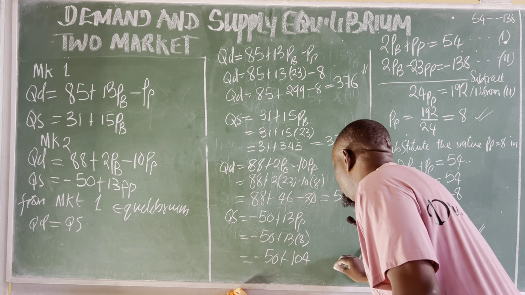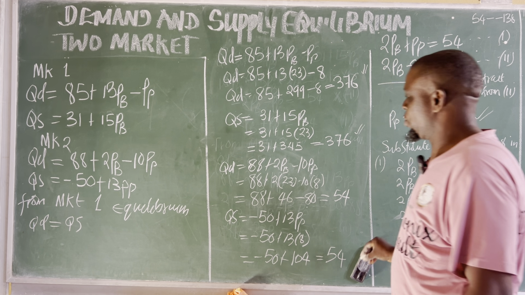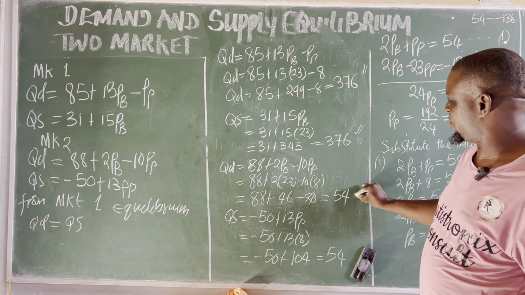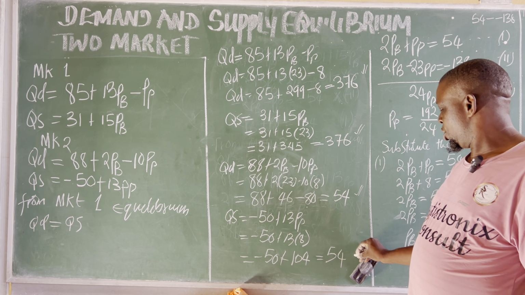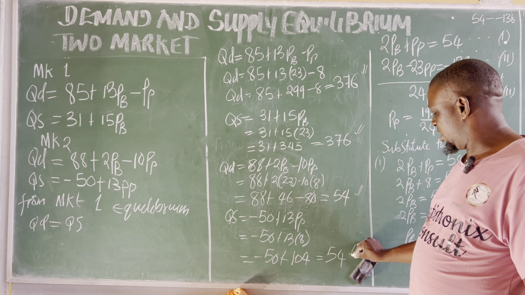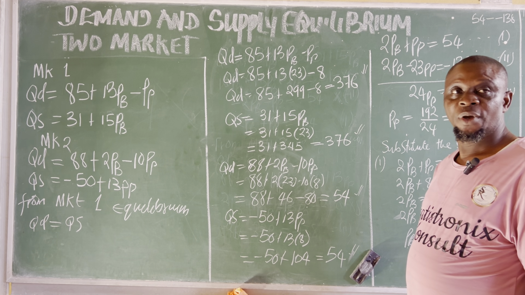So minus 50 plus 104 is equal to 54. So you can see the equilibrium quantity demanded in the second market is 54, and also the equilibrium quantity supplied in the second market is also 54. Okay.